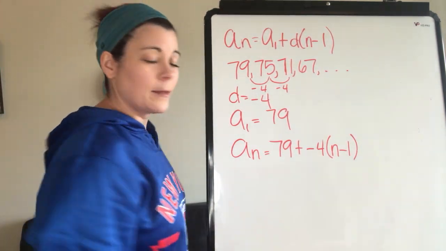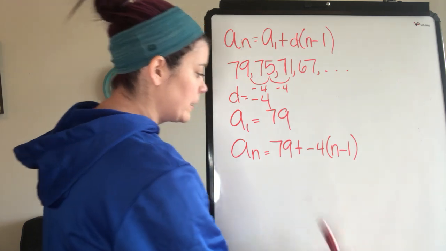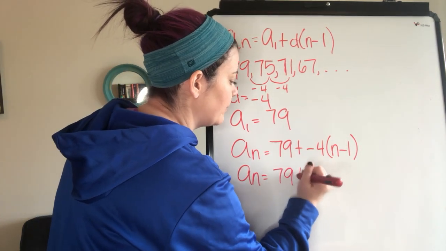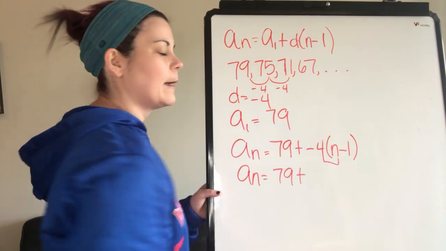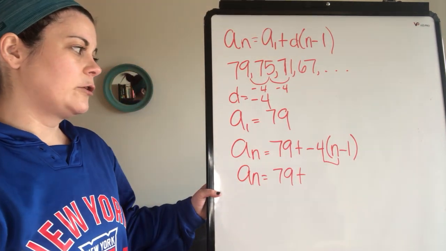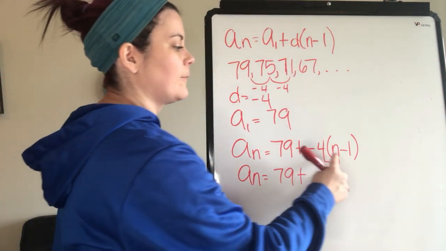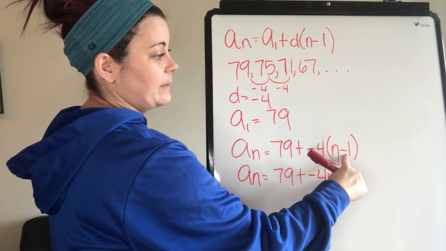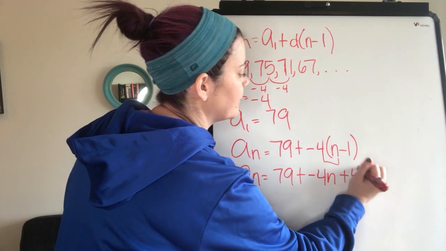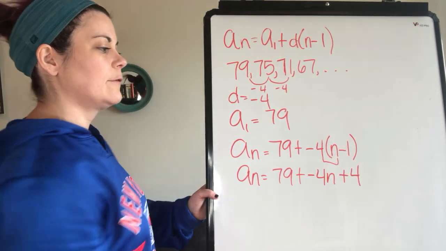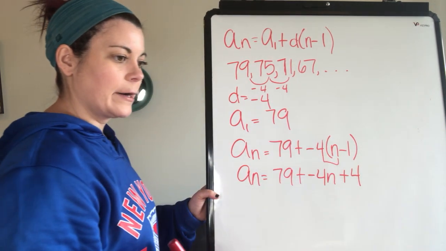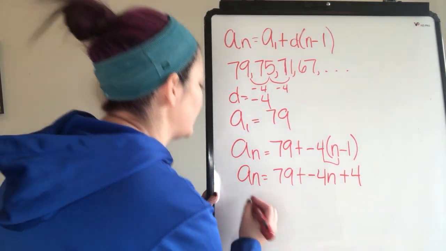But we can actually simplify this equation even more. So a sub n is equal to 79 plus, using the distributive property, negative 4 times n is negative 4n, and negative 4 times negative 1 is positive 4. Then I can combine 79 plus 4, which is 83.